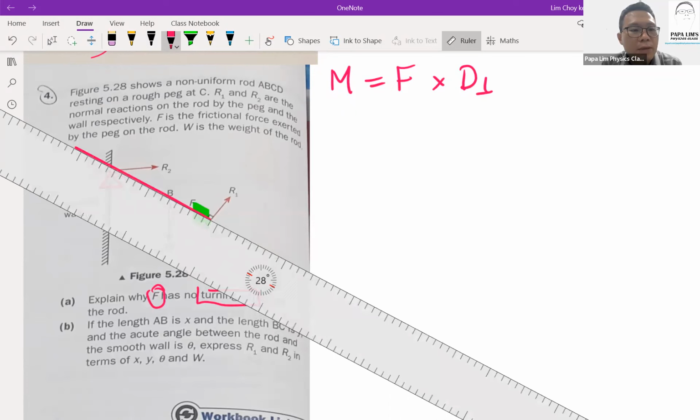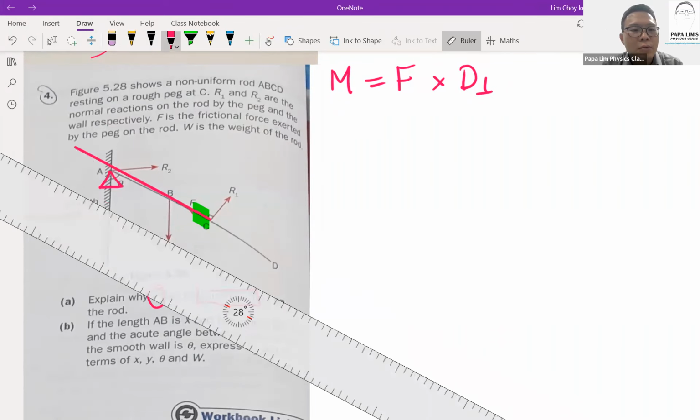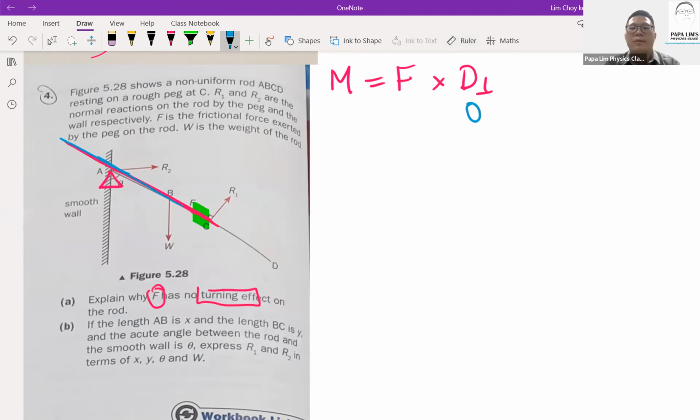When I do it at the pivot, you'll find that the perpendicular distance between the force and the pivot is actually the same line. Literally, what it means is that between the force F and the pivot, my perpendicular distance is 0. Because of that, I am able to conclude that the moment experienced by the rod due to F is 0.